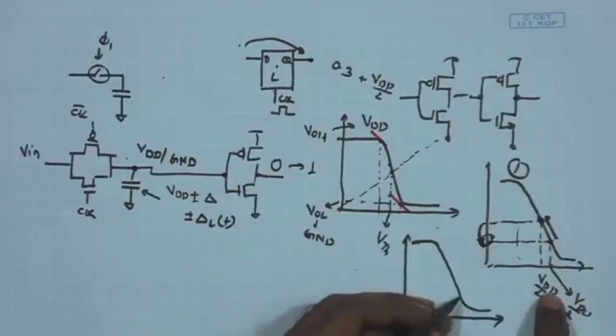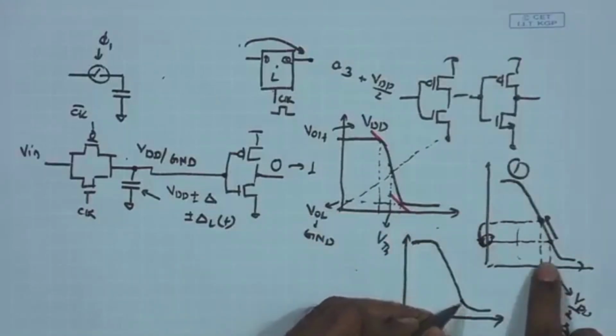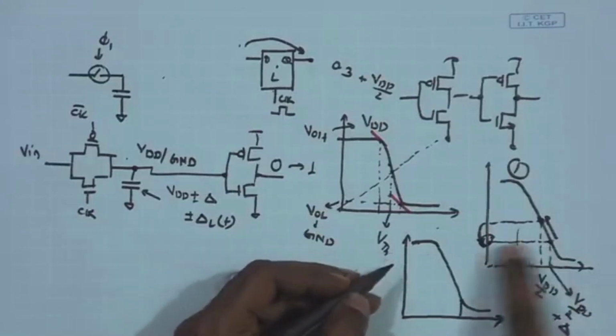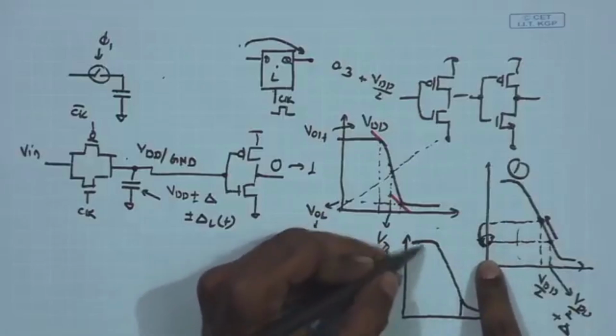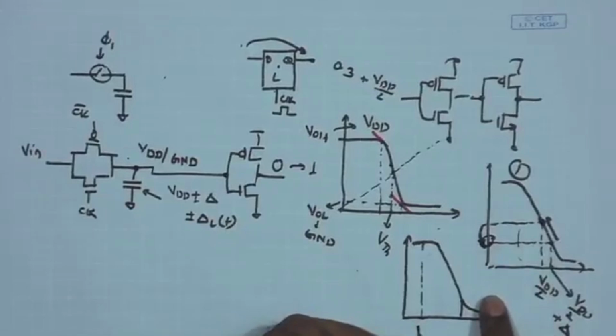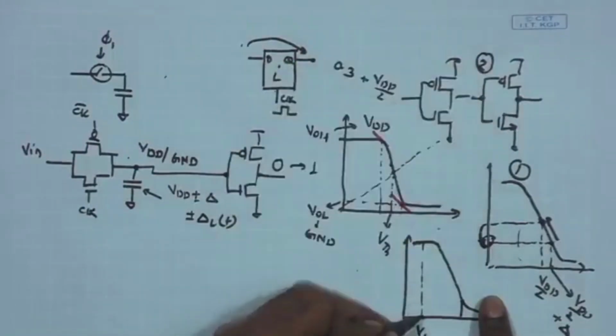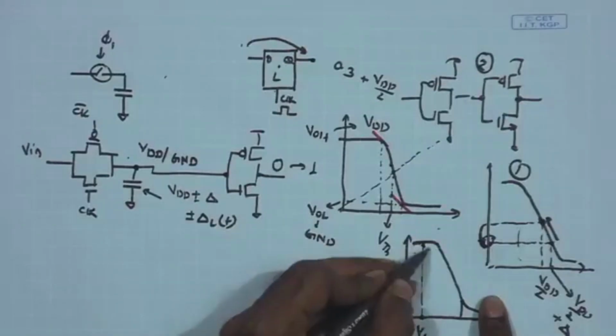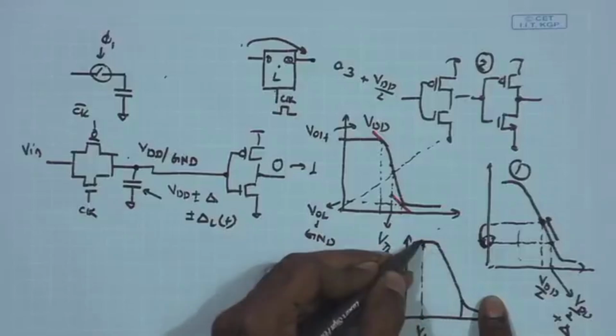So, we have V in 2 of inverter 2 at a further lower point, and if this is further lower, it will make sure that the output is further closer to the higher level, VDD.